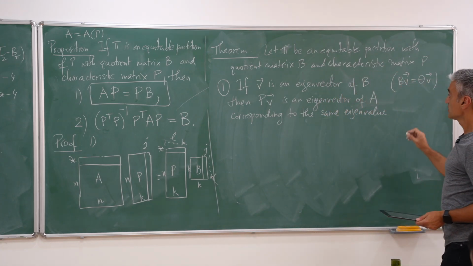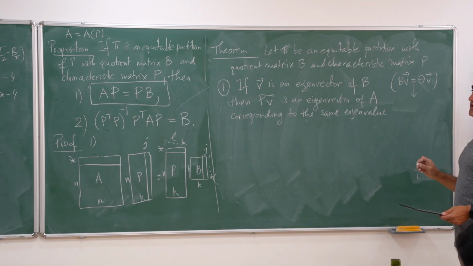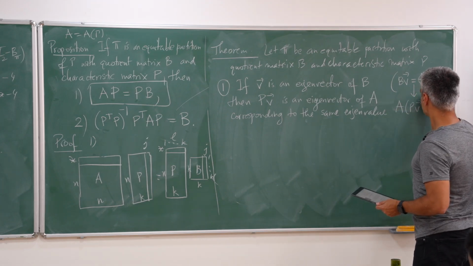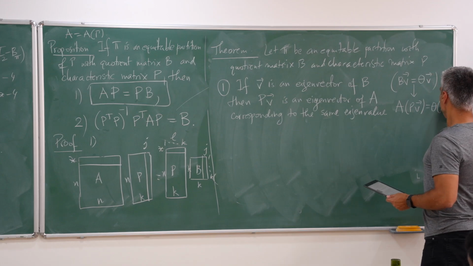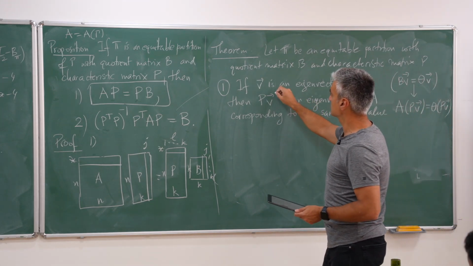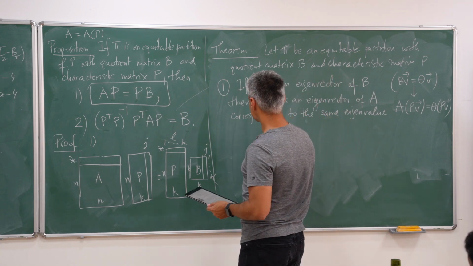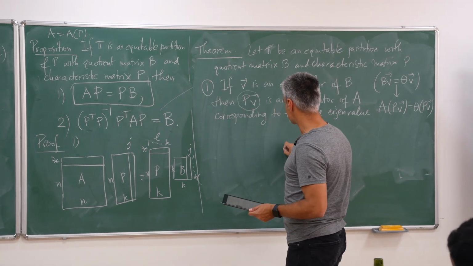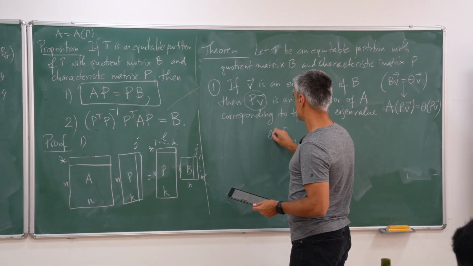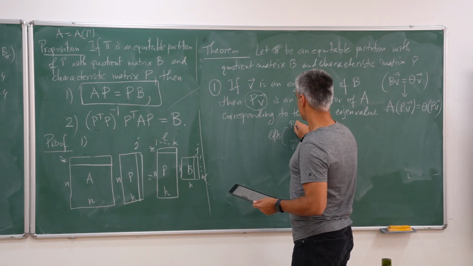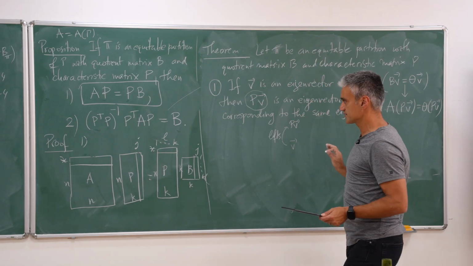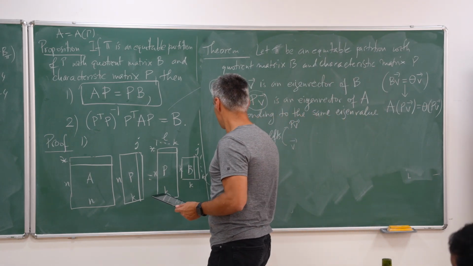If BV equals theta V, then APV equals theta PV. Essentially V lifts to an eigenvector PV in the big matrix, but that's not important now.